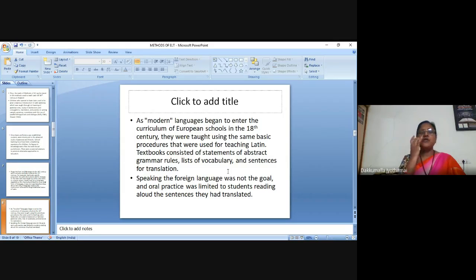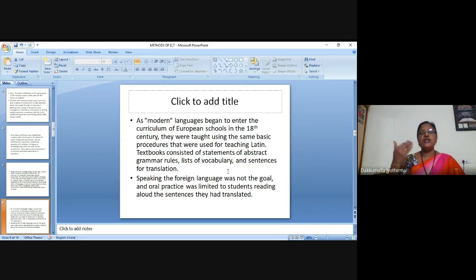So as modern languages began to enter the curriculum of European schools in the 18th century, they were taught using the same basic procedures that were used for teaching Latin. In a similar manner, I told you that English was not taught in England until it started in India, during its colonial period.